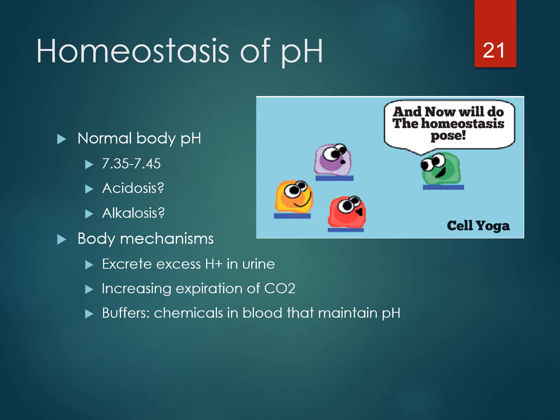One, it provides oxygen so that the body can continue to create energy for its cells. And two, it allows for the expiration of carbon dioxide, which helps to bring that acidic pH to a more normal body pH.